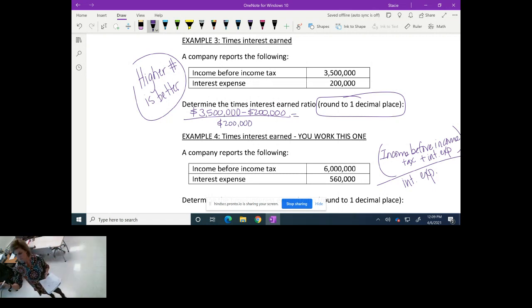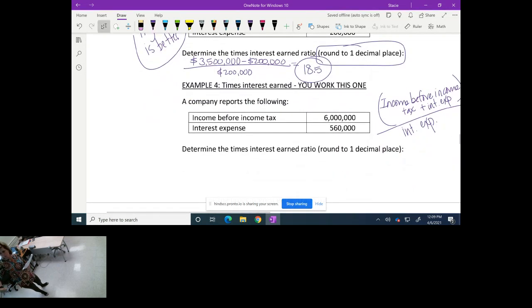And we get 18.5. You work this one; I'm going to give you the answer. You can go ahead and work it if you want. That's all we're going to do for today.